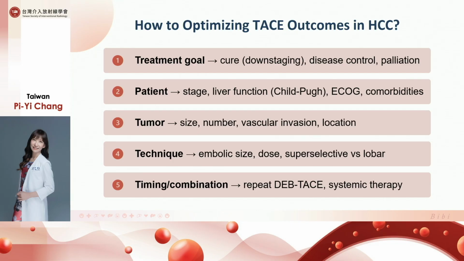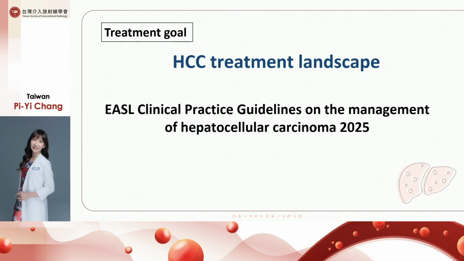Most important are the tumor size and tumor number, vascular invasion, and the location. And the fourth part is our technique: how to choose the embolic size, how to use the dose, and even how to super select or lobar select to treat the HCC. And also, are you going to do sequential treatment of DEB-TACE, or maybe we can combine with systemic therapy? So that's the first part, the treatment goal.